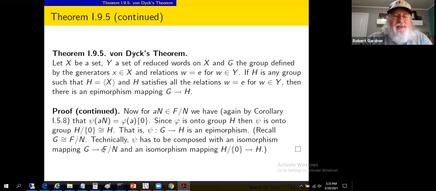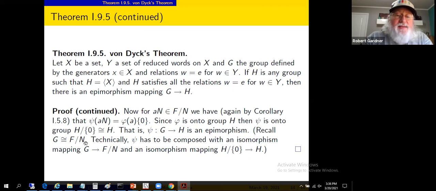Psi really needs to take in elements of F mod n. From there, we need to produce elements of G. Oh, sorry. Let's see. I need to start with G, get the isomorphism to F mod n.